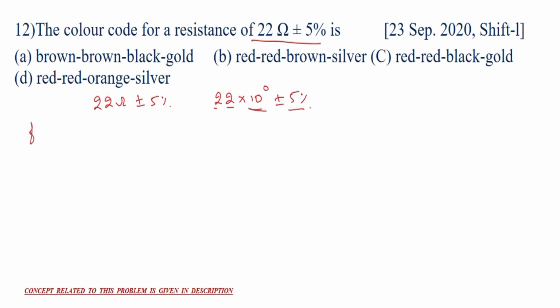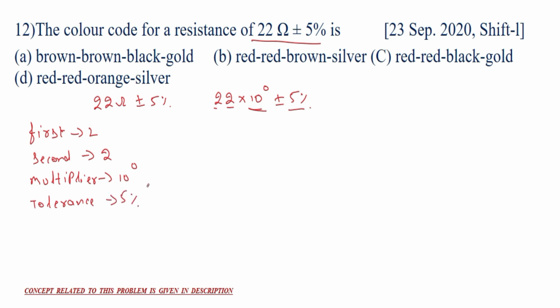So the first digit is 2, the second digit is 2, my multiplier is 10 power 0 and my tolerance is 5%.